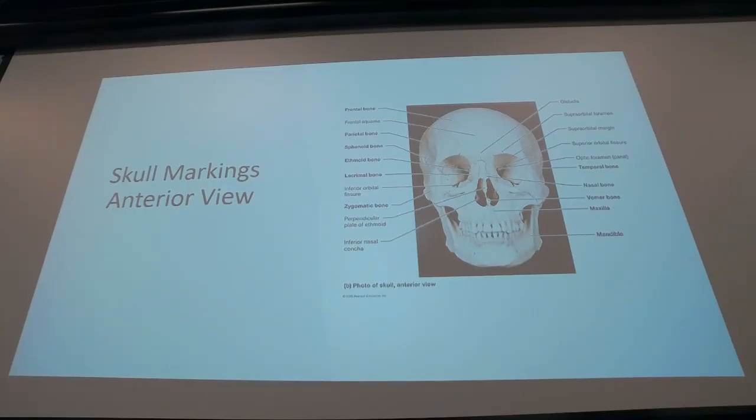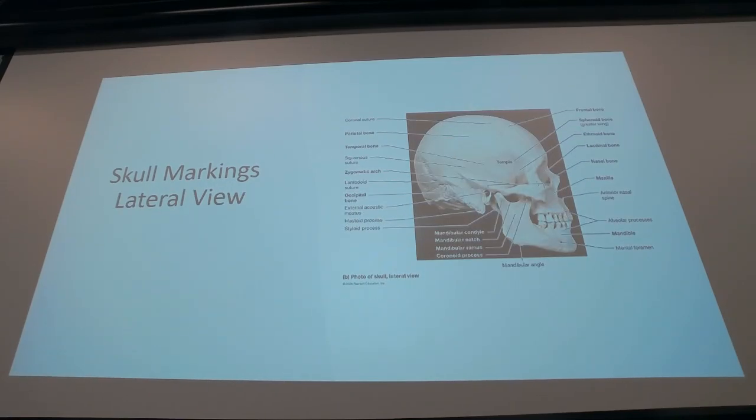It's not shown in here, but we have as well an infraorbital foramen that is part of the maxilla. Lateral skull markings. Well, you can see the bones: frontal, temporal, parietal, occipital, and then part of the sphenoid.